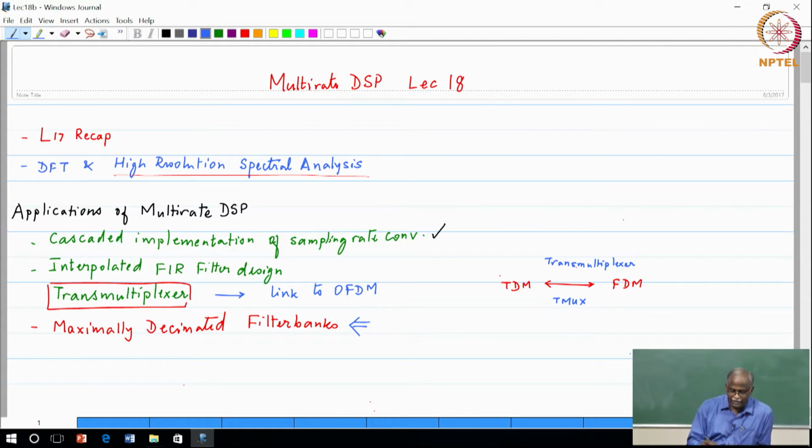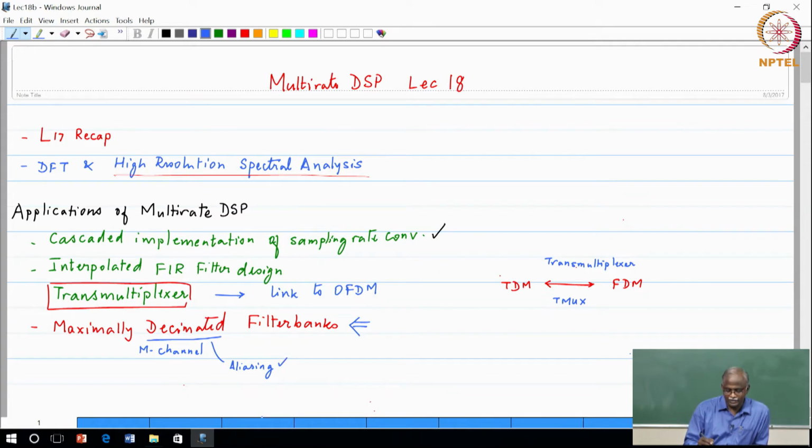The general case is an M channel maximally decimated filter bank, and the fact that it is maximally decimated tells us that there is a potential for aliasing, because unless you have a filter that cuts off at 2 pi over M perfectly, you cannot decimate by M without aliasing happening, and you have to get rid of the aliasing.